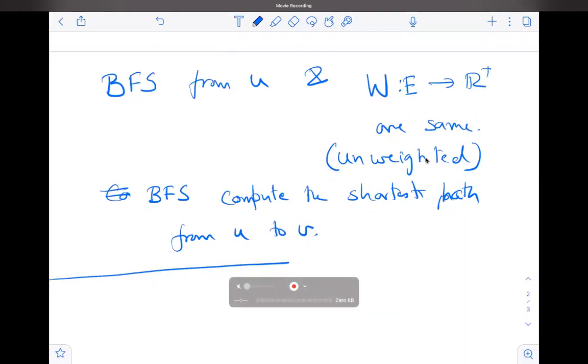If you want to now compute the shortest path between two vertices, first of all, this is an extremely important problem, because it is used everywhere, be it systems, be it machine learning, be it whatever.